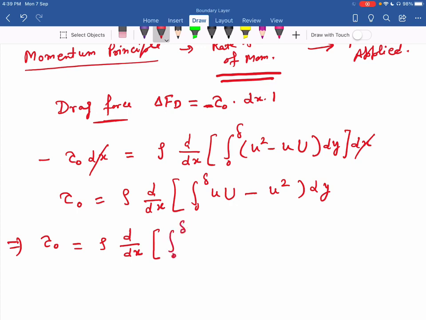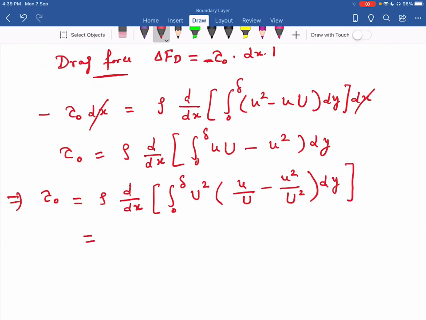Now take u square out from here, so small u divided by capital U minus u square divided by capital U square into dy. Here U is constant, so I can write rho U square d by dx of integral 0 to delta of small u by capital U minus u square by capital U square into dy.